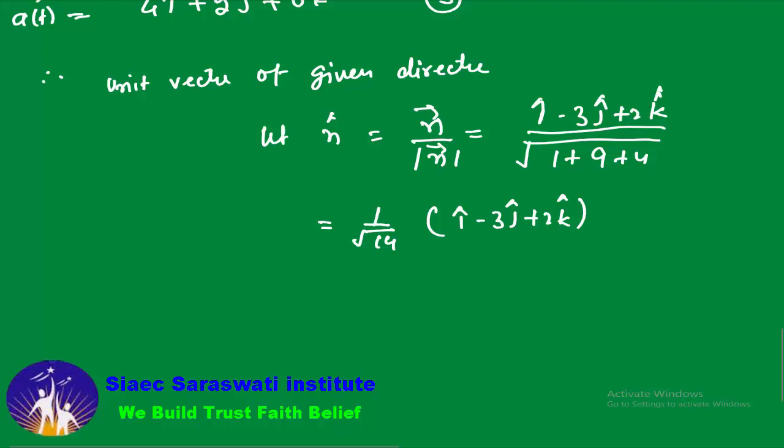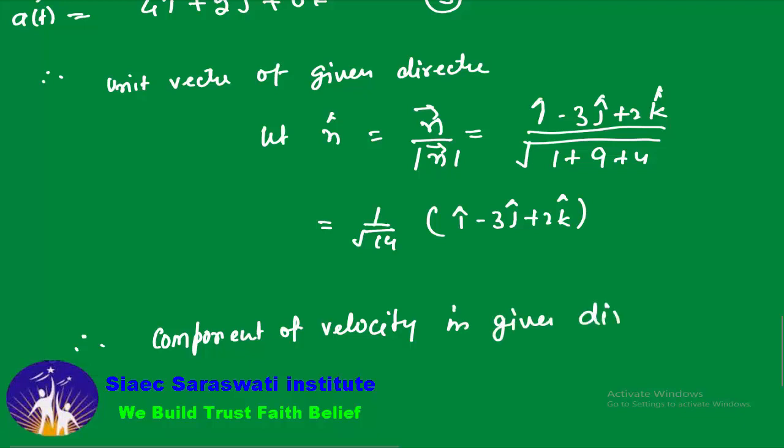Now the component of velocity in the given direction will be vector v of t dot product with the given unit vector n cap.